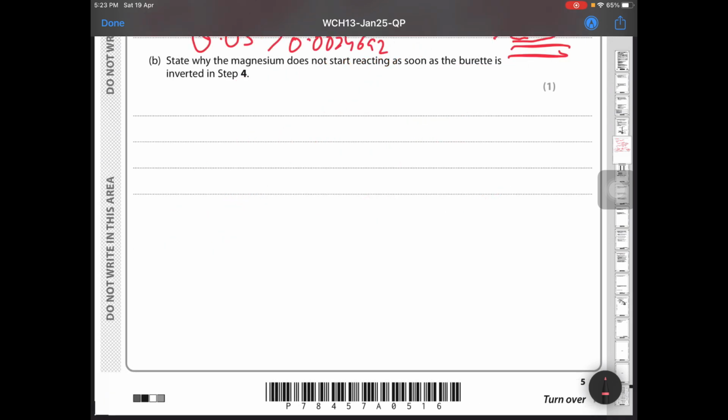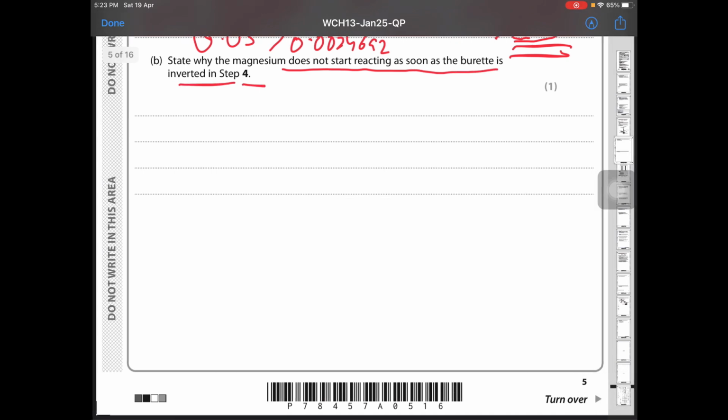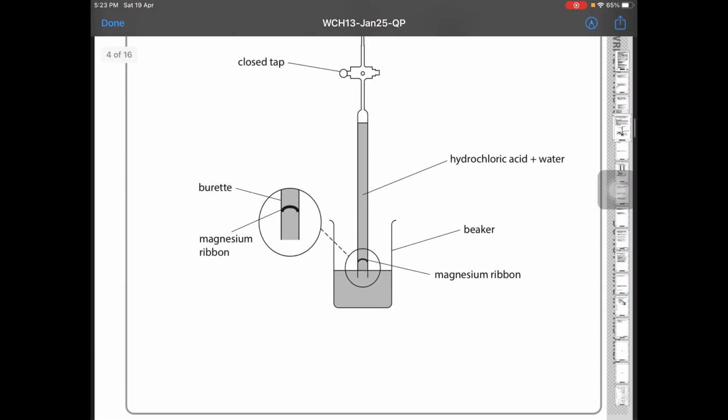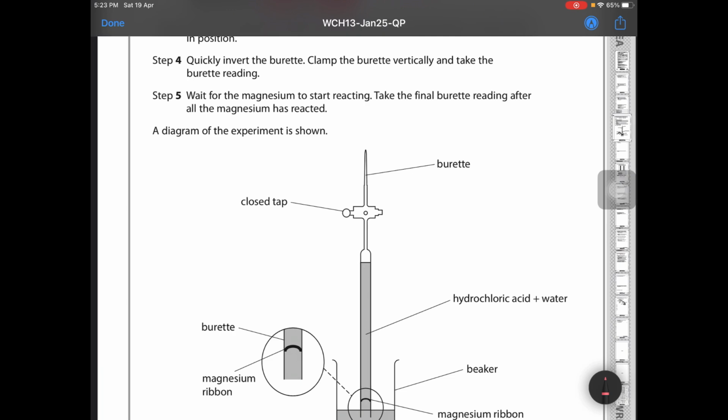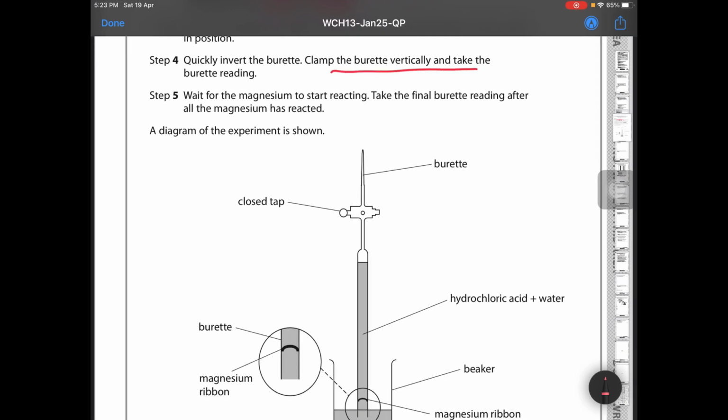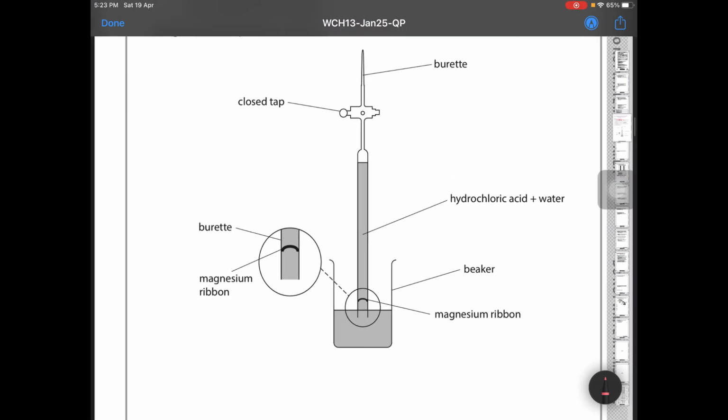So this question is saying why magnesium does not start reacting as soon as the burette is inverted in step 4. If we look at step 4, when you invert the burette, you see this is the magnesium ribbon, and this magnesium ribbon is not in contact with the acid.